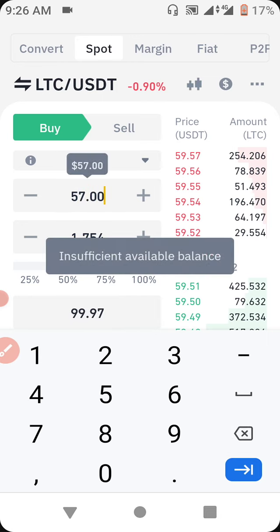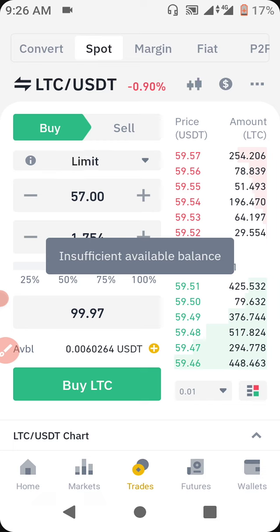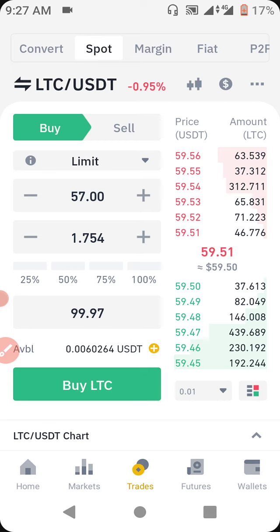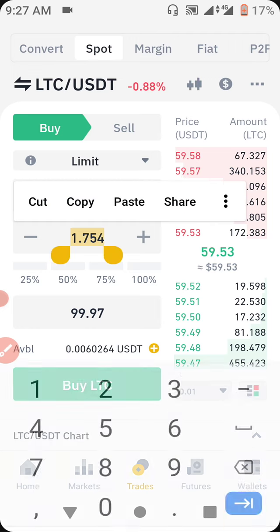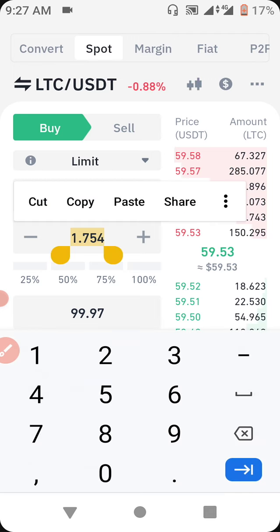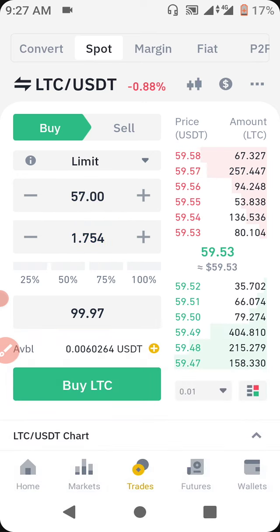You set it to $57, and what you're having here is 99.97 for 1.754 worth of Litecoin.